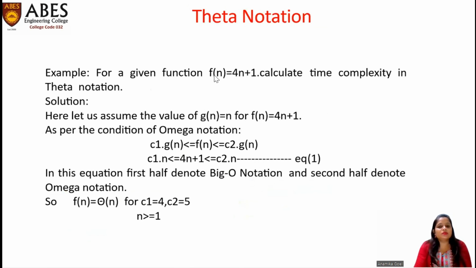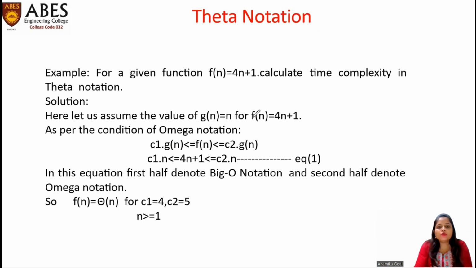f of n is equal to 4n plus 1, and I want to calculate the time complexity using theta notation. As per the conditions of theta notation, c1 g of n is less than or equal to f of n, which is less than or equal to c2 g of n.